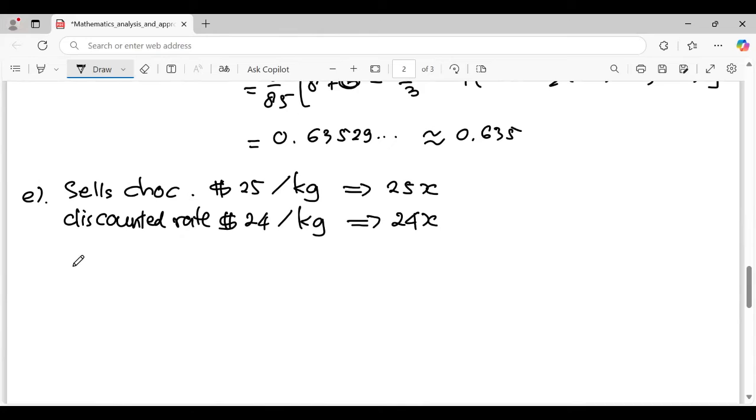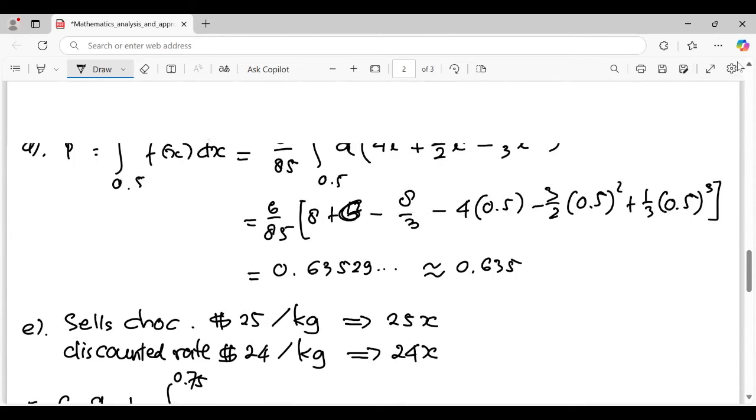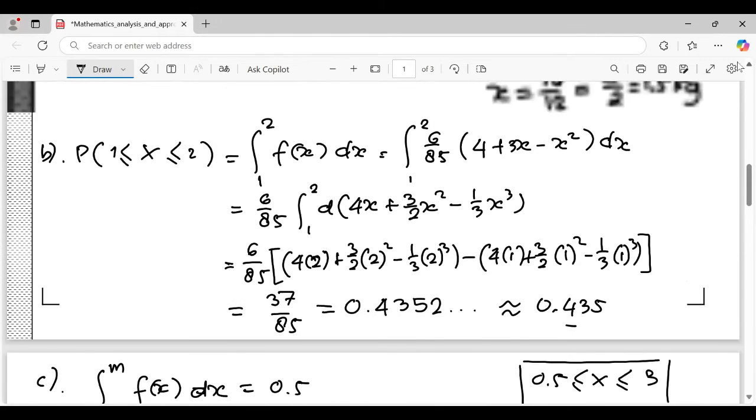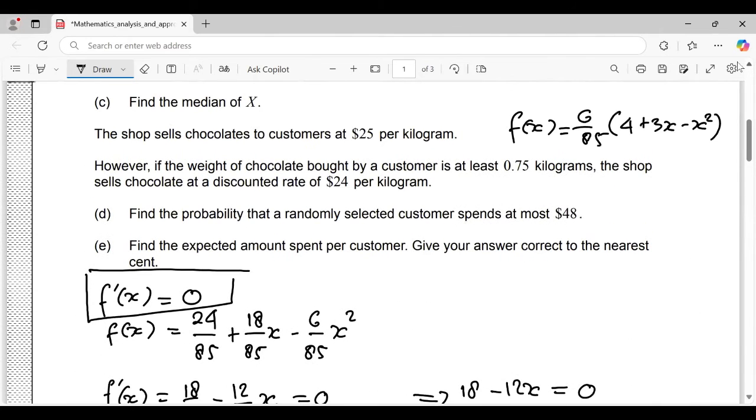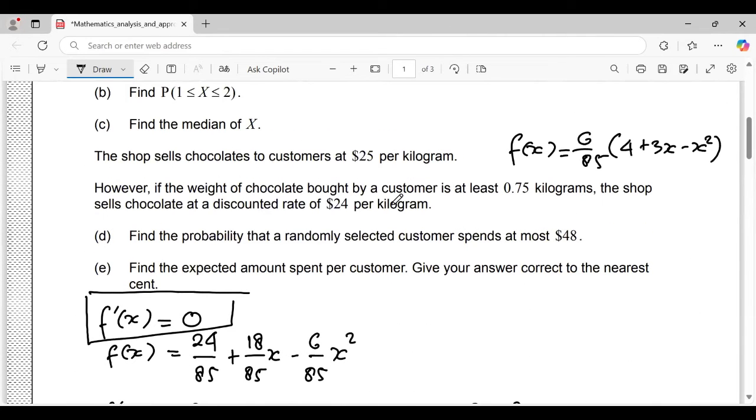And every customer spends the integral from 0.5 to 0.75. Why 0.75? Because if you look at the question here, it says at least 0.75.